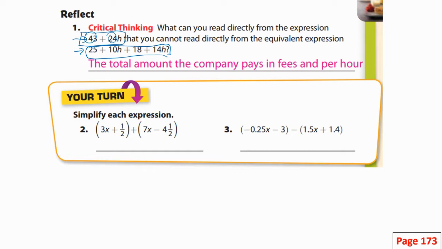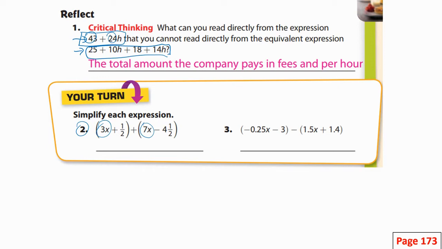Okay, so what we're trying to do here in this number 2 is combine our like terms. We're simplifying the expression. Really two ways of saying the same thing. And we're going to combine our variable terms, the 3x and 7x. We can add the coefficients together. 3 plus 7, that's 10. Okay, that's easy.